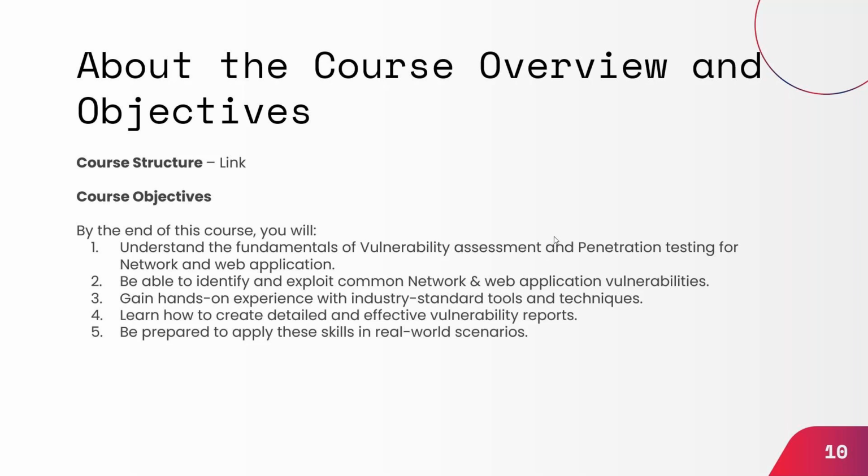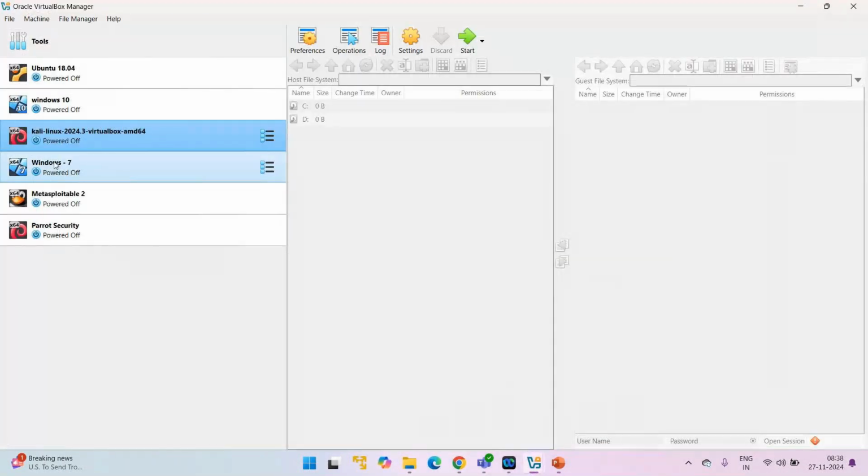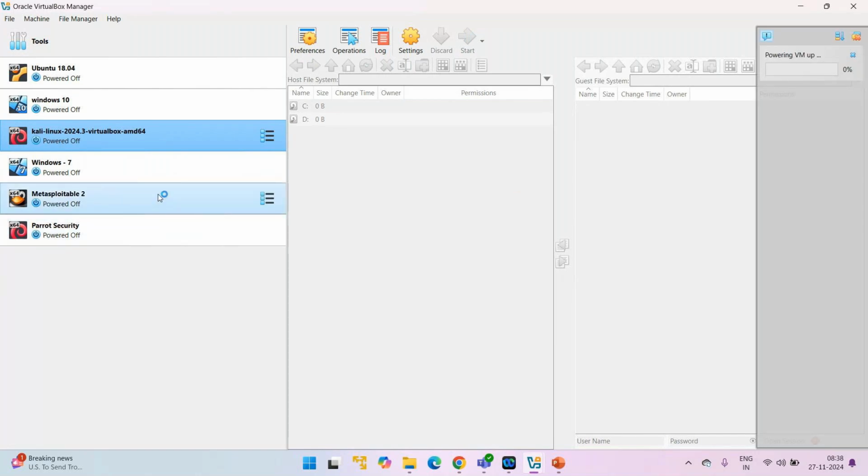I'll be helping you to create your own lab in your system itself. For this course, we are going to use a Linux operating system, which is like an attacker system. For the target, we can install any one of the targets, guys.